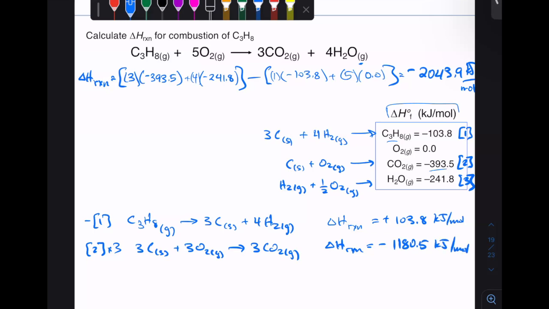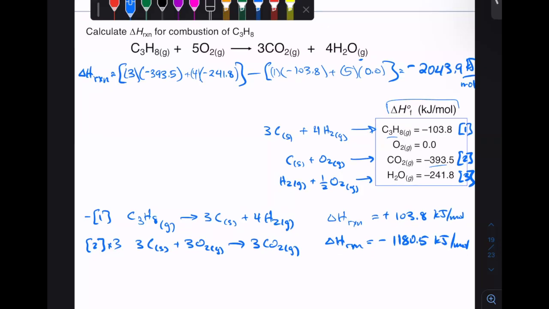Okay, one more to go. H2O. We need 4 H2O as a product, and we have 1 mole here as a product. So we're going to take reaction 3 and multiply it by 4. That'll give us 4 H2 gas plus 2 O2 gas will give us 4 moles of H2O gas.